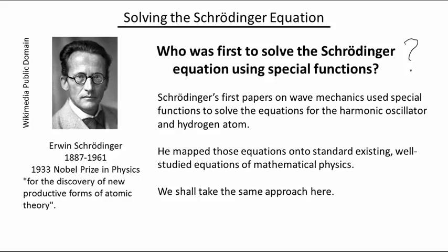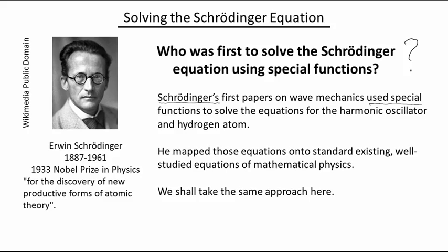So, who was the first person to use this approach, solving the Schrodinger equation using special functions? No prizes for getting this right. It was, in fact, Schrodinger. And you might say that his first papers on the wave equation were influential for several reasons.